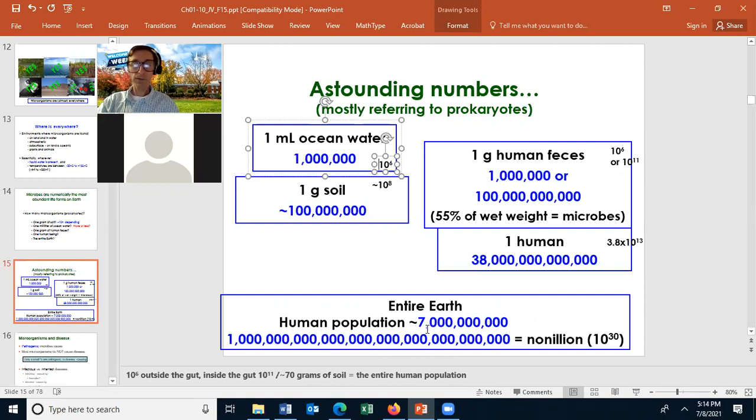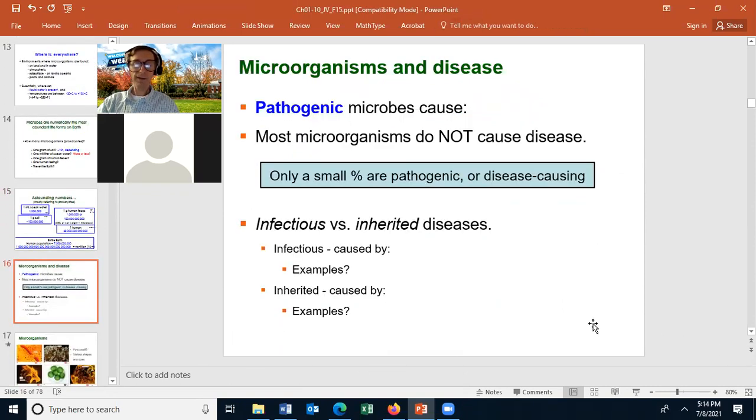The human population is between 7 and 8 billion people, and so there's no question that there are a lot more microbes than there are humans. Any question about any of that? The point is just that there are astounding numbers of microorganisms.